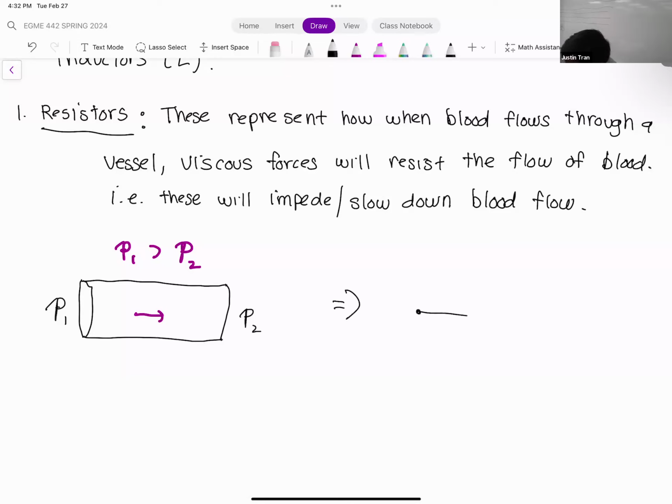Let's say that we have our resistor like this. We represent the pressures like voltages in a circuit. So a pressure drop on a section of vessel is represented in LPM as a voltage drop over a resistance.